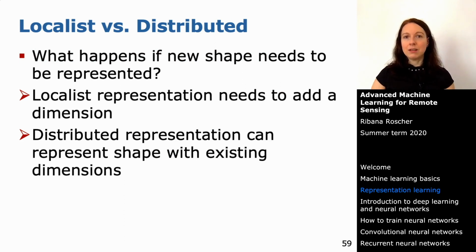And as you can imagine, for natural images, or if you take sensor measurements, every time something changes, you will need to find a new representation, and this can get very, very complex over time. So you need a very complex model to find patterns and structures in your data. In contrast to this, if you use a distributed representation, you can represent the shape with existing dimensions.